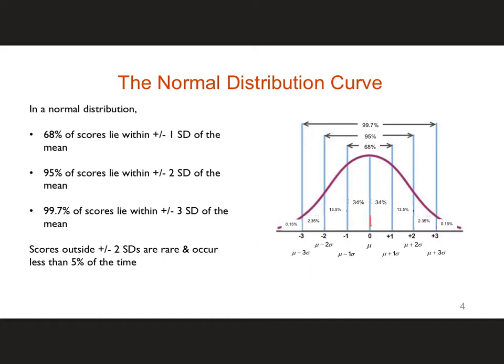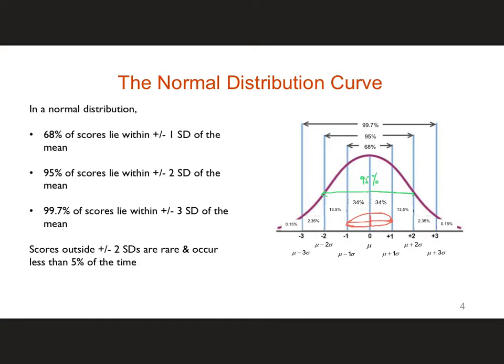So within the mean means 1 standard deviation above and 1 standard deviation below. So the entire area over here is considered as 68%. Alright, then in terms of 95, we are 2 standard deviations above and 2 standard deviations below. So that gives us 95%.